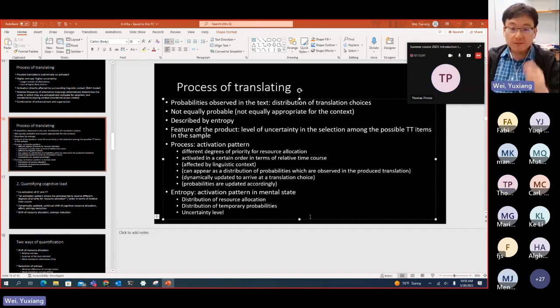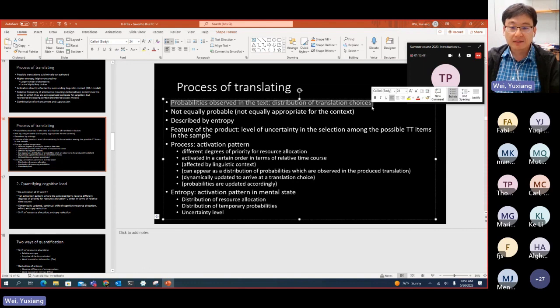So if we have a source text, say, if we look at this sentence itself, right, as the source text in our experiment, we would have a translation for each word in the produced translation from the participants, right?